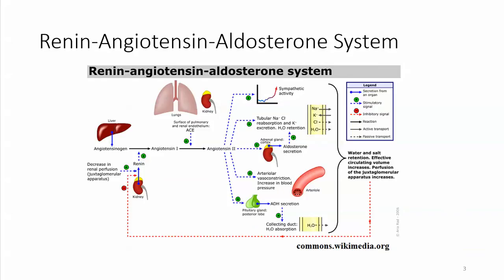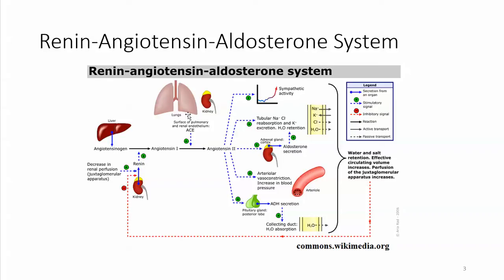I just wanted to do a brief overview of the renin-angiotensin-aldosterone system. So renin is manufactured in the kidneys, the angiotensin in the lungs, and the aldosterone in the adrenal cortex. So angiotensinogen is converted to angiotensin 1 by renin, which is in the kidney, okay?